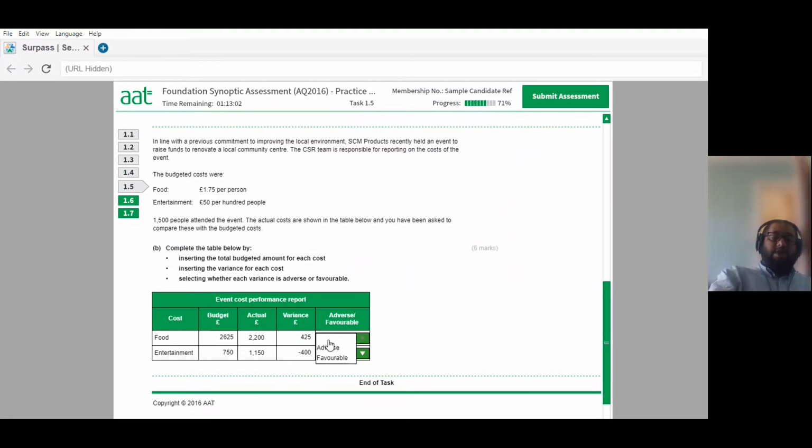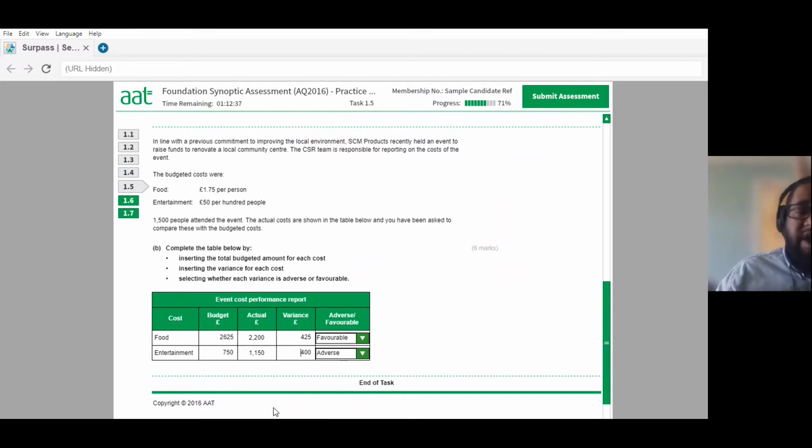And then obviously this is going to be adverse. Sorry, this is going to be favorable. And this is going to be adverse, because obviously it depends on whether it's going to be plus or minus.